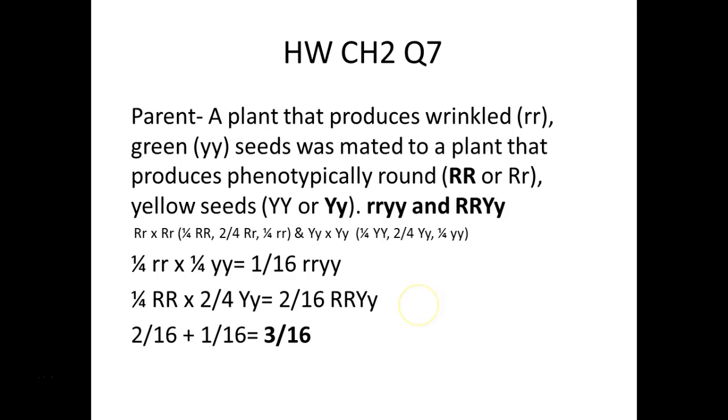We add them together, and we get 3/16. I would make that one less complicated on the test. But if we can do this for homework, the test will be like a cakewalk.